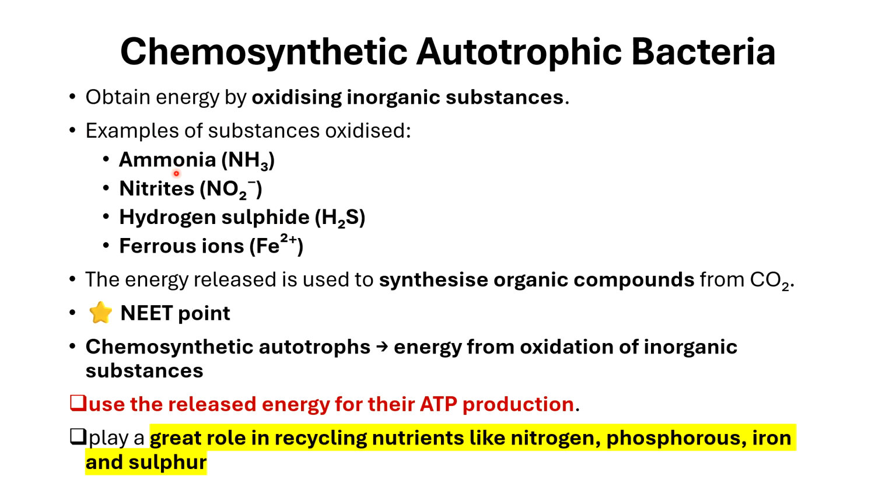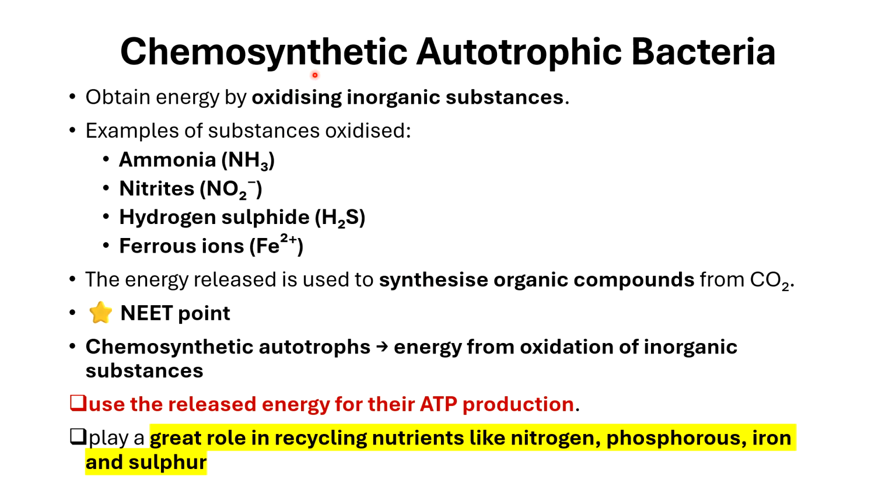Examples are ammonia, that is NH3, nitrite, that is NO2 minus, hydrogen sulfide, that is H2S, and ferrous ions, that is Fe2 plus. So these inorganic substances are oxidized. In that process, energy is released, which is used to form the ATP, and the ATP produced is utilized to synthesize organic compounds from carbon dioxide.